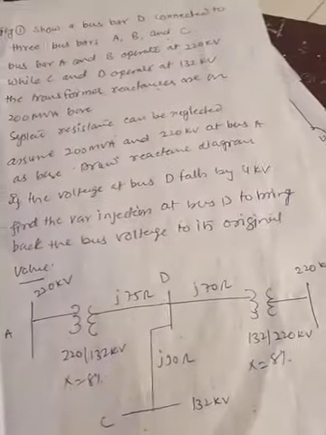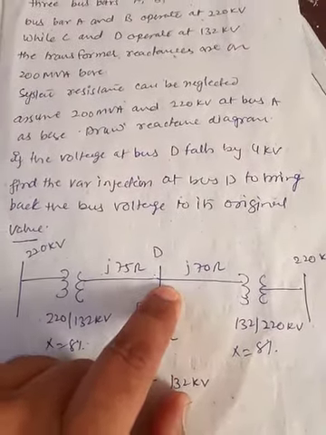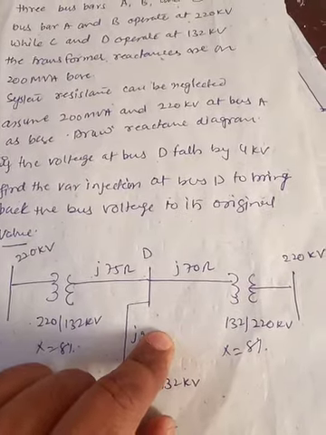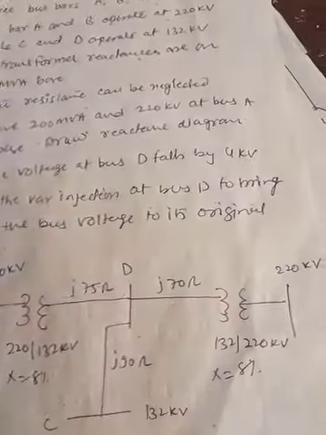It is very simple. You first draw the reactance diagram, then find the VAR injection at bus D. So you have to find out how much VAR we have to inject to bring the voltage back to its original value, 132 kV.